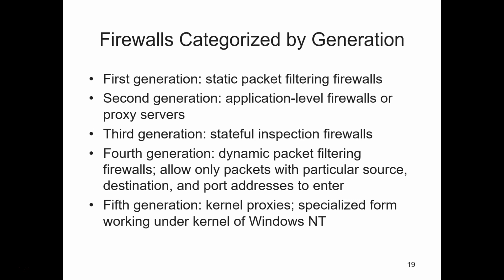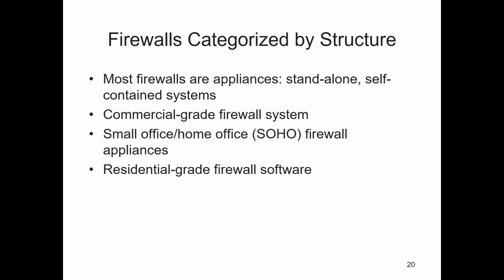The fifth generation firewalls are kernel proxy firewalls, specialized and working under the Windows NT Executive, the kernel for Windows, which is the new Windows that we are even using to this day.